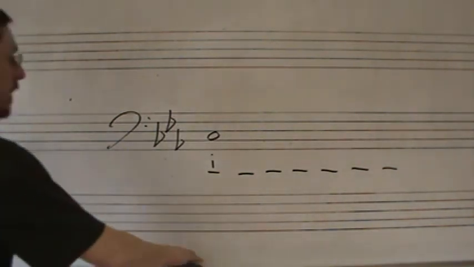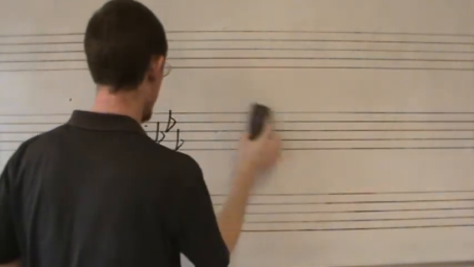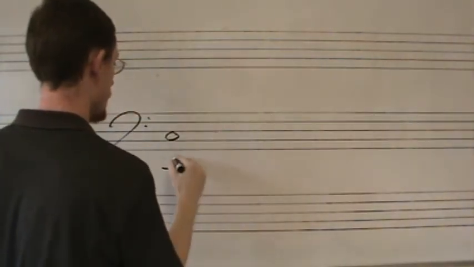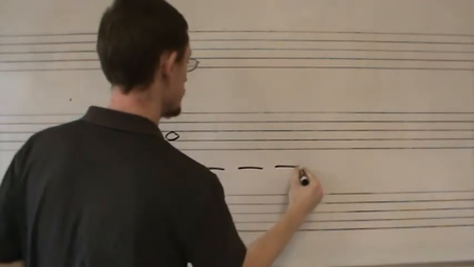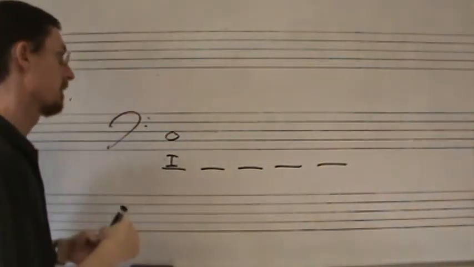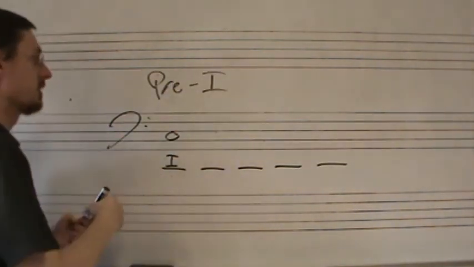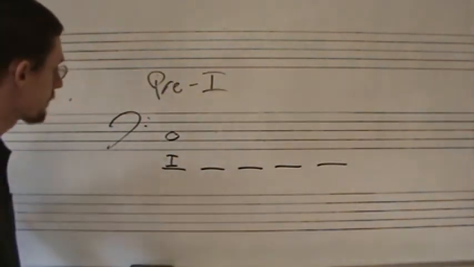Alright, we're just doing one of those, and for number 2, just 5 chords, and this is pre-harmonic dictation 1.